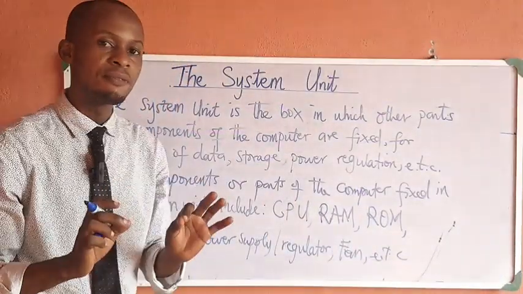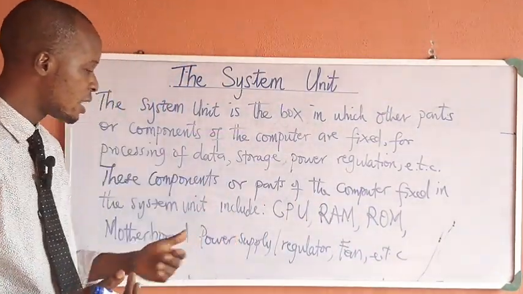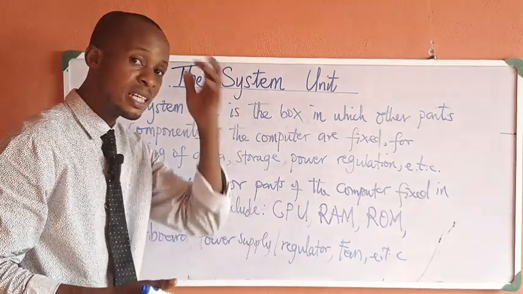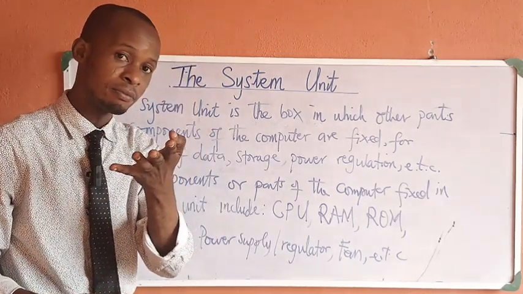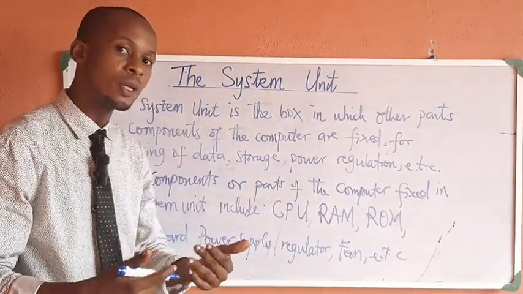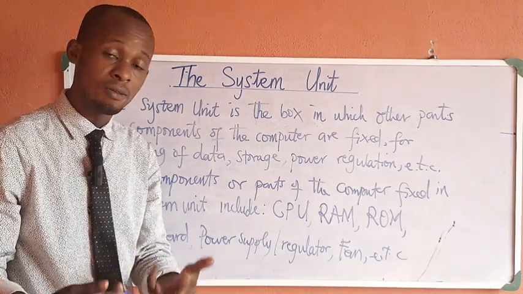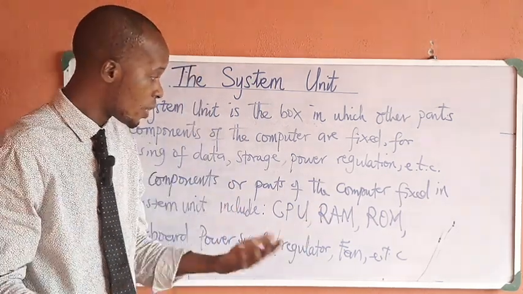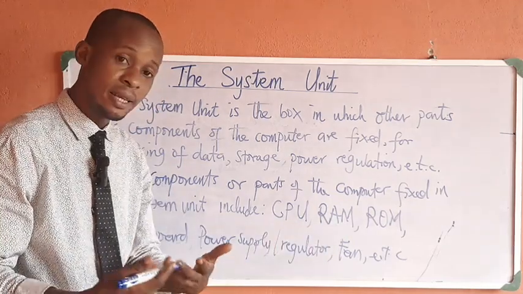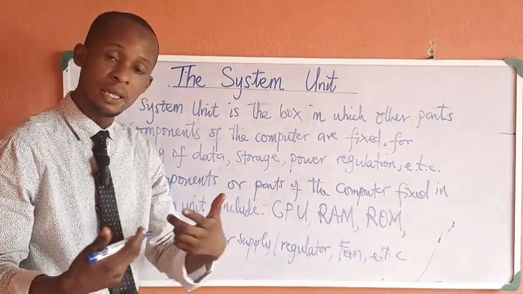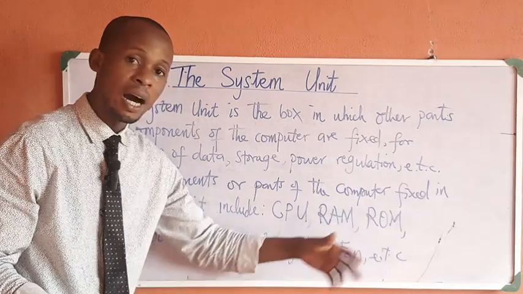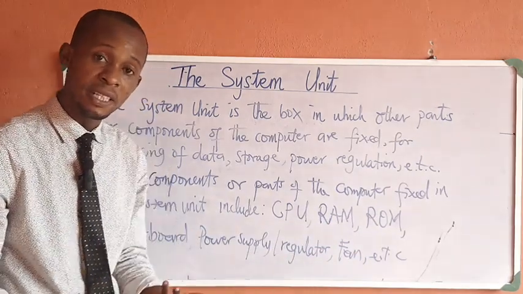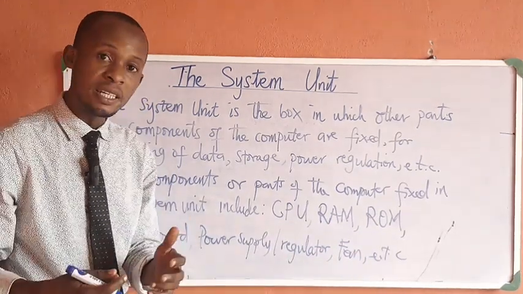For instance, the central processing unit is the brain of the computer. That is the part of the computer that does the calculation and the reasoning during data processing. We have the RAM, which is a temporary memory. We have the ROM, a temporary memory. Both of them are for temporary storage of data while the computer is working.